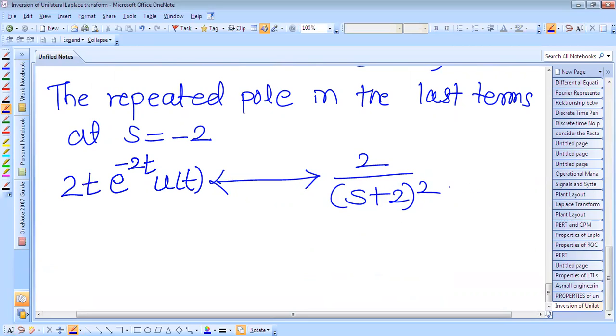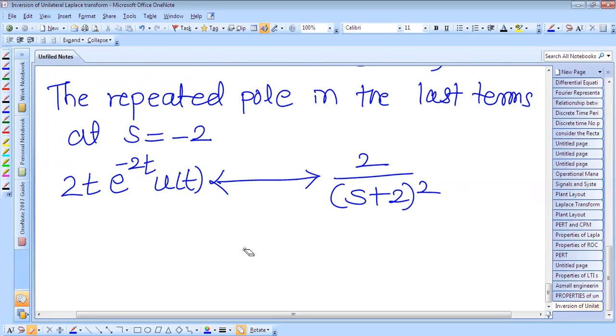If suppose it is 3 here, then t square will appear like this. So as there is a square in this case, we can write 2t e raised to power minus 2t u of t.